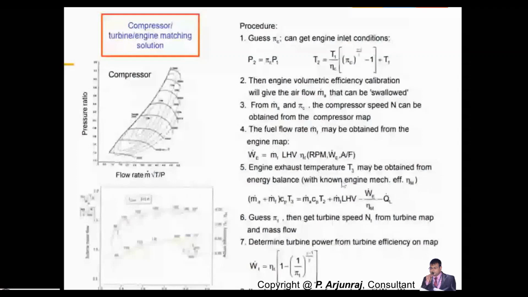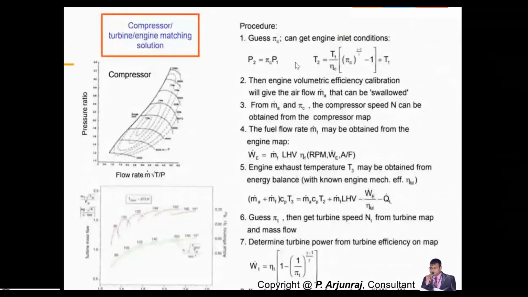Again, also look at the exhaust temperature and exhaust pressure. When you get the temperature, you will also get the pressure. The exhaust pressure divided by the inlet pressure gives the pressure ratio. Then you need to find the turbine speed, and based on the turbine speed and the mass flow rate, you can get the flow rate on the x-axis.